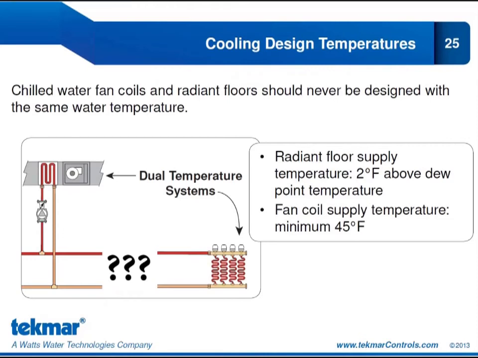A radiant floor supply temperature has a minimum of 2 degrees above the dew point temperature of the space. And we'll talk more about the concept of relative humidity and dew point temperature in the next module when we talk about the control features of our 406 and 557 combination. But definitely, 2 degrees above dew point temperature will be well above 45 degrees Fahrenheit.